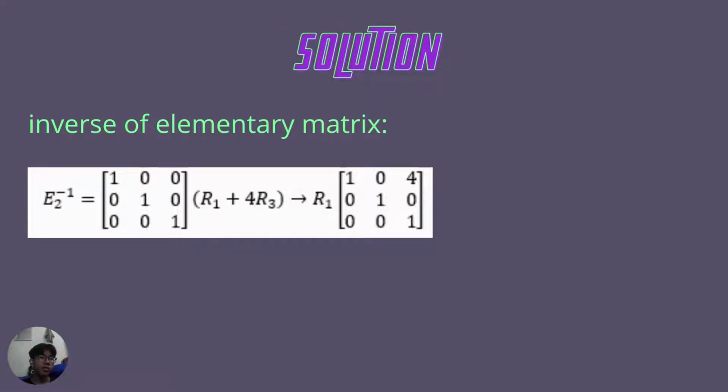Next up, the inverse, E inverse 2. So we have the same matrix 1 0 0, 0 1 0, 0 0 1. We take row 1 plus 4 multiples of row 3 and take it to row 1. So the result is 1 0 4, 0 1 0, 0 0 1.